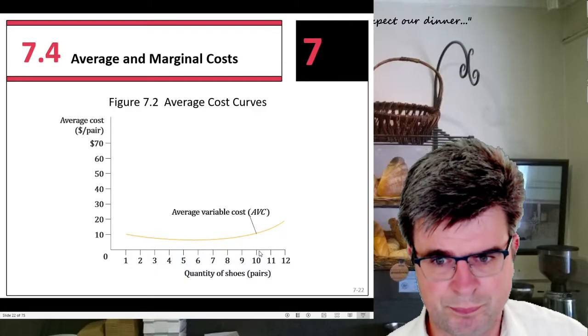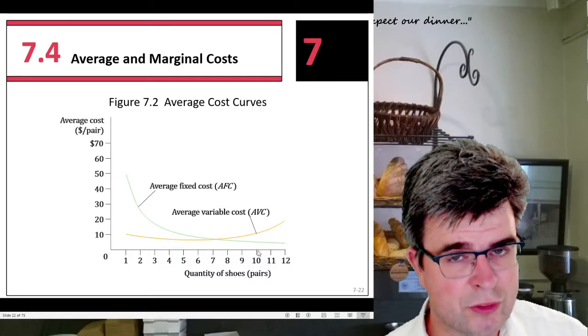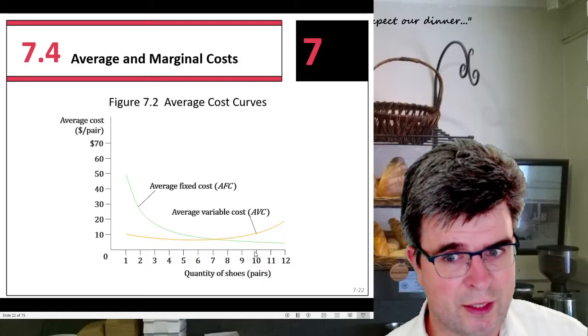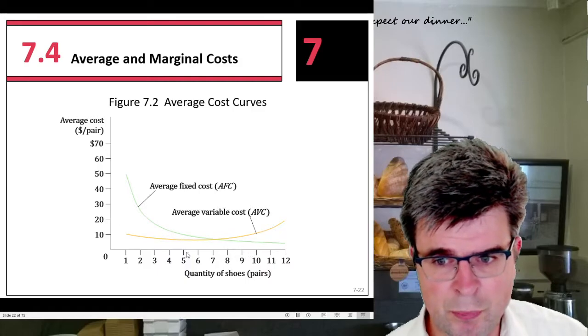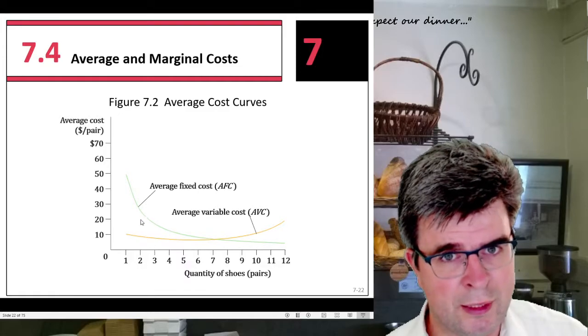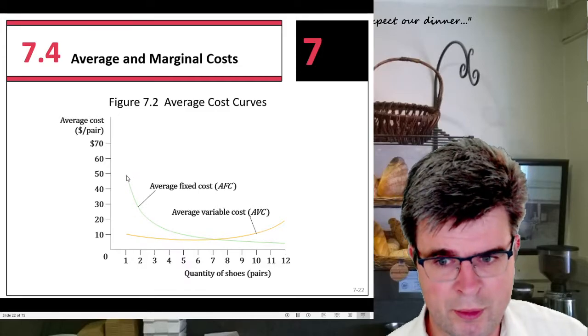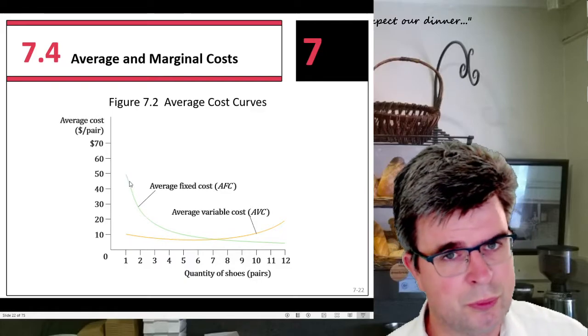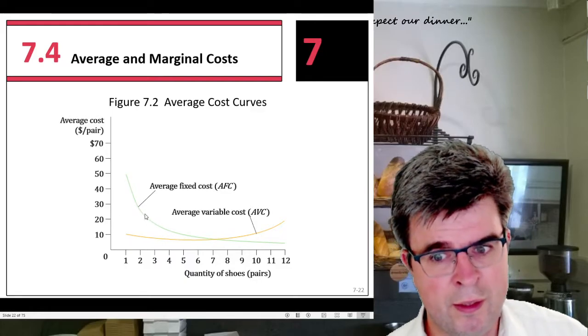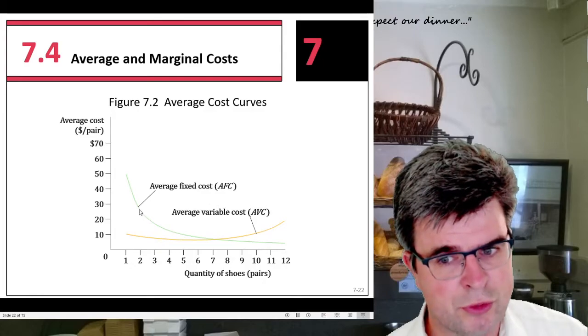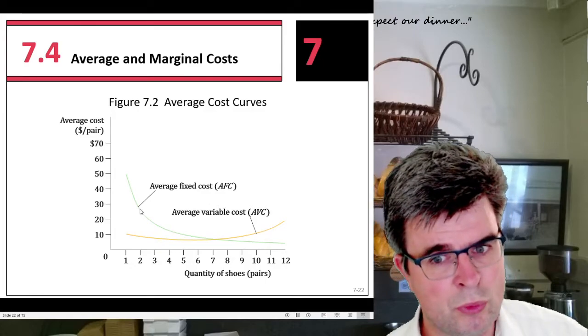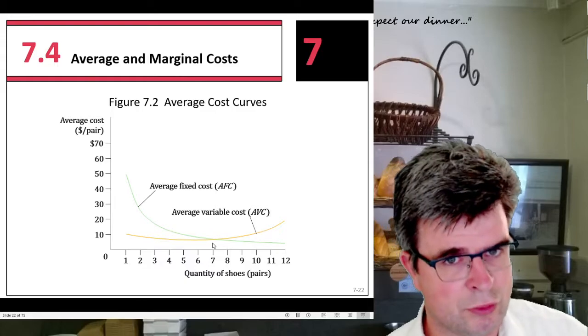Now the average fixed cost. The fixed cost is set at 50, which means that if you produce 1 pair of shoes, then the average fixed cost is 50 divided by 1. If you produce 2 pairs of shoes, then the fixed cost of 50 is divided over 2 pairs of shoes, so the average fixed cost is equal to 25, and so on and so forth.